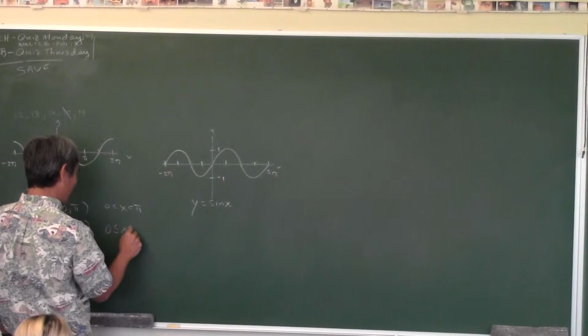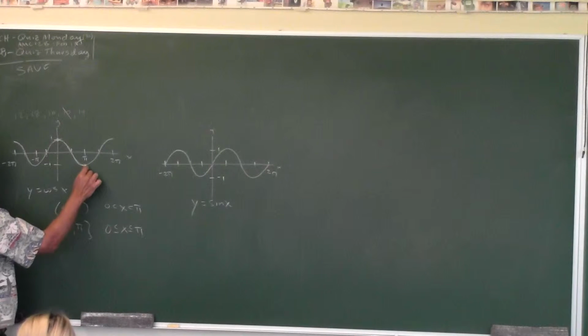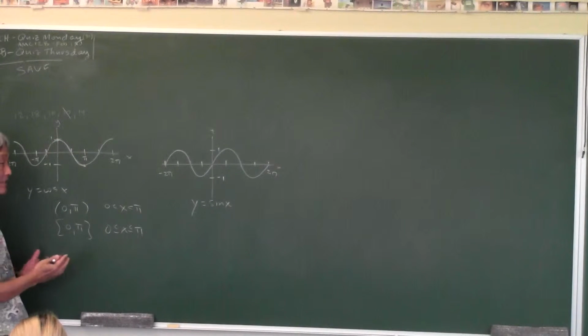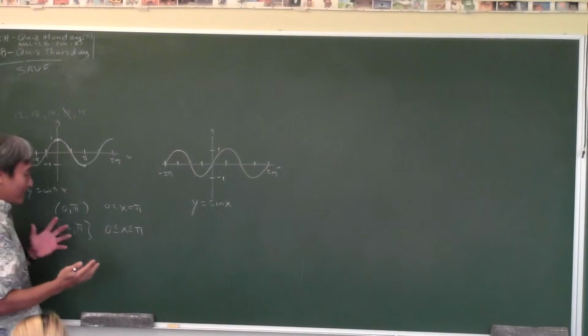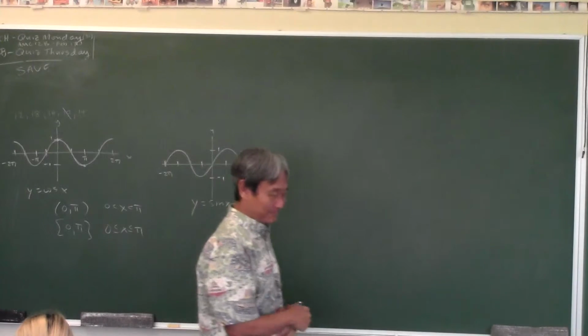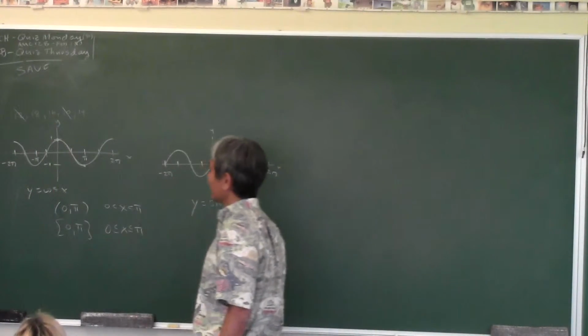So if you wrote any one of these, you got it correct. Because actually at this point and at that point, the graph is neither decreasing nor increasing. That's why it shouldn't include 0 and pi. But if you included it at this level, I would accept it. So that's number 12. Okay, number 14.